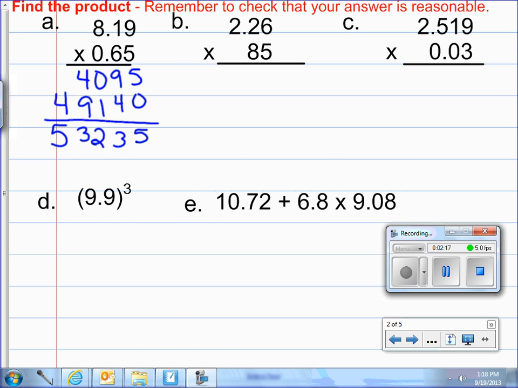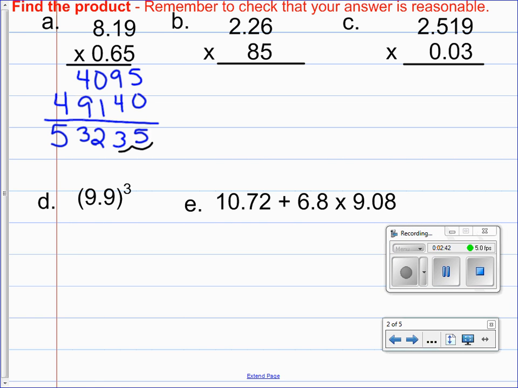Then in our answer, we move the decimal the total amount of decimal places that are in each of the factors. So how many decimal places are in 8.1900? 2. And how many are in the second factor? 2. So we're going to move the decimal place how many places? 4. So we're going to start at the right and move the decimal place over 4 times. 1, 2, 3, 4. The decimal is going to go there.